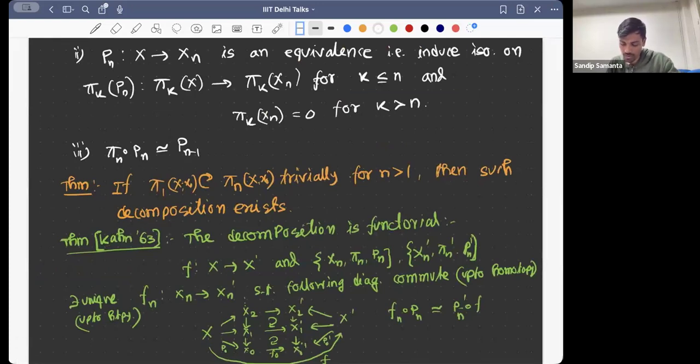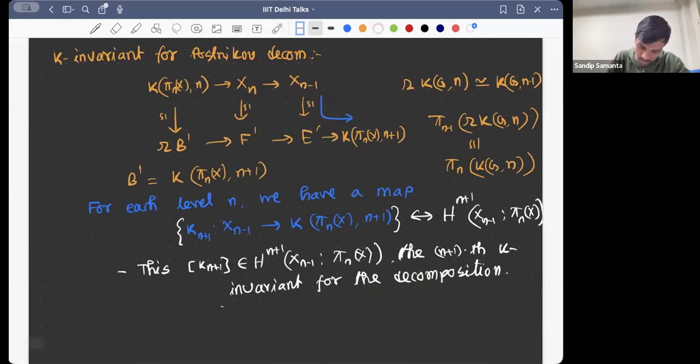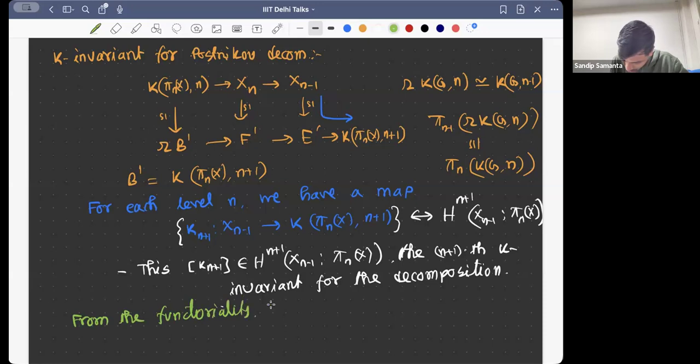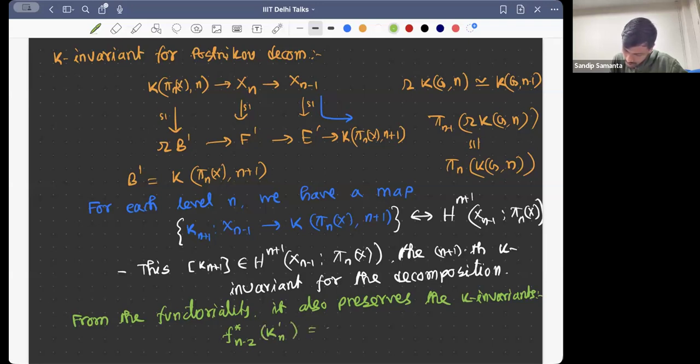Under this F n map, it also preserves the k-invariants, in the following sense: f n minus 2 star k n prime is the same as C k n.